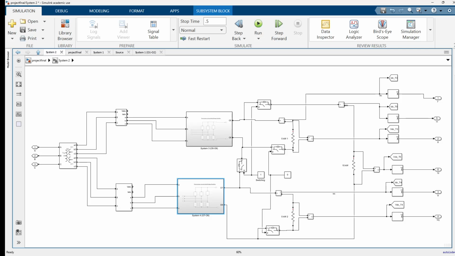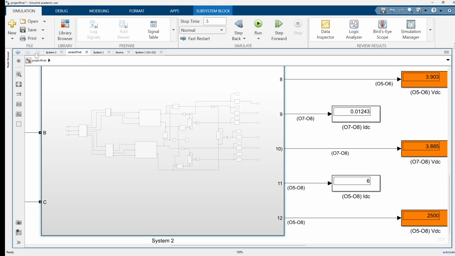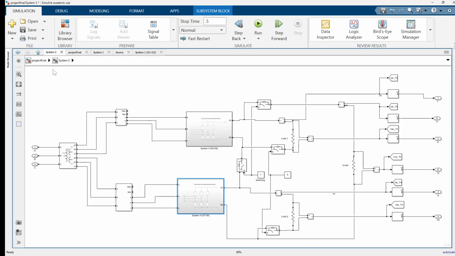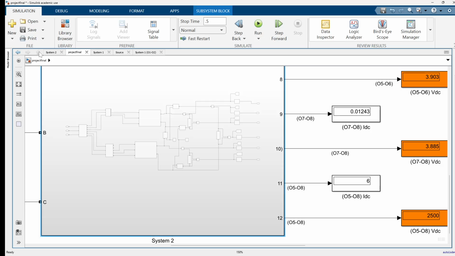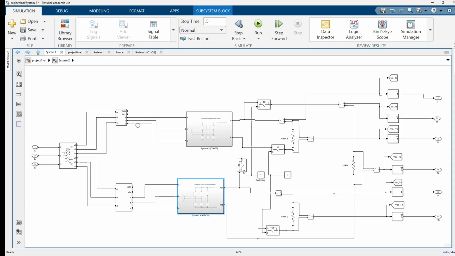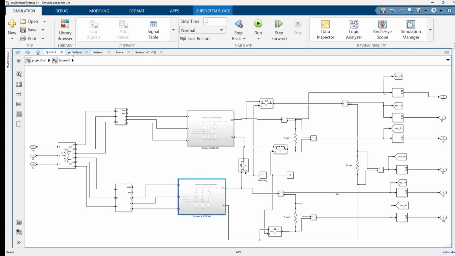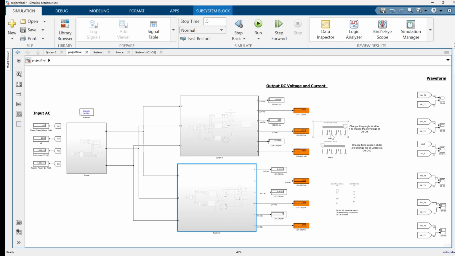So peak inverse voltage. Next, if I talk about the control strategy for SCR based rectifiers, synchronized gate pulses are used to control the conduction. We're using the gate pulse to control the conduction, and using these sliders, at zero firing angle, maximum DC voltage is obtained.